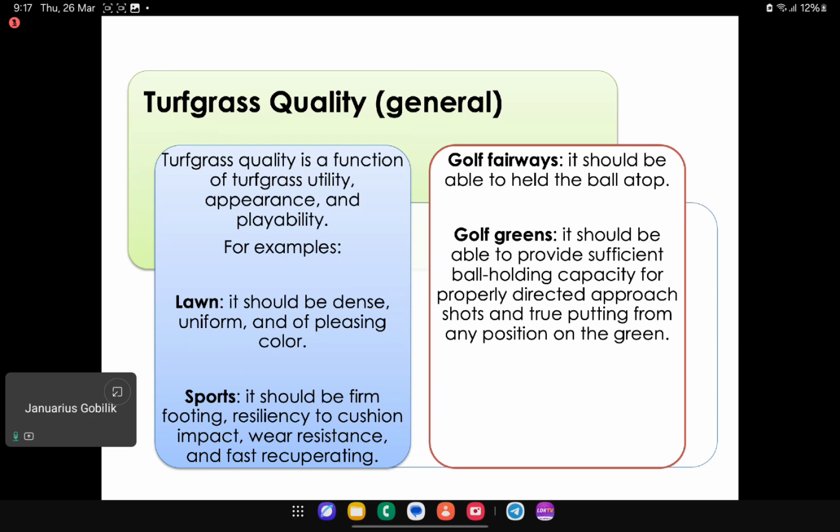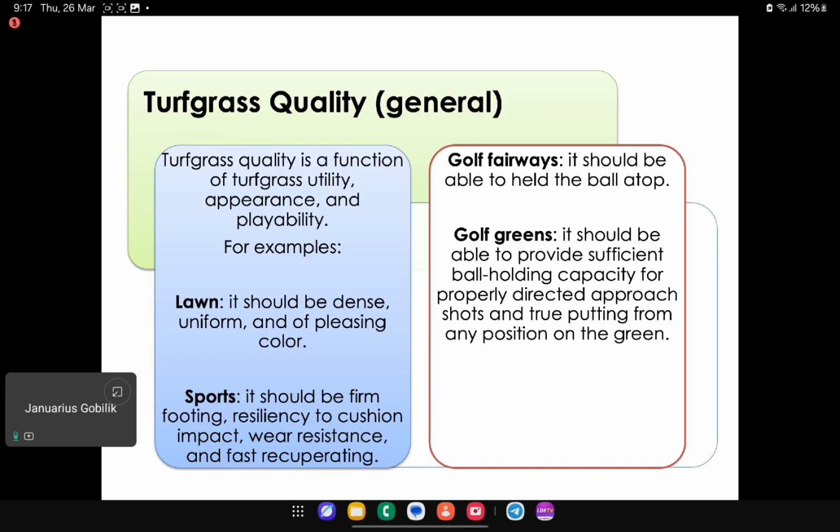It should be resilient to impact, because people use the field for sport activities. So of course it needs to be resilient to any impact from that activity. When we have sport events, the players will trample on the ground, and the turf grass will become the cushion to improve the play quality during the sport events.